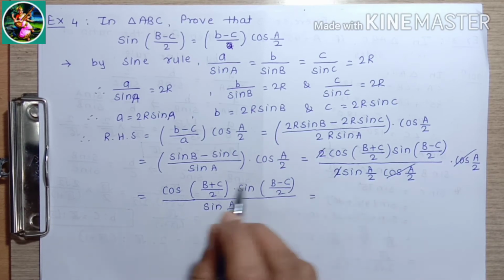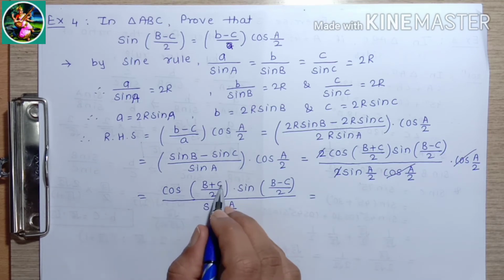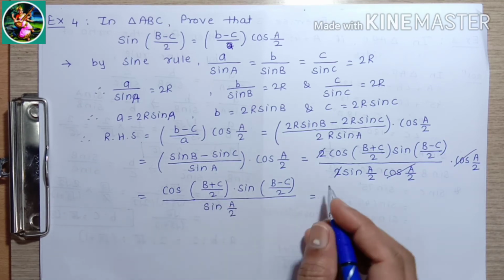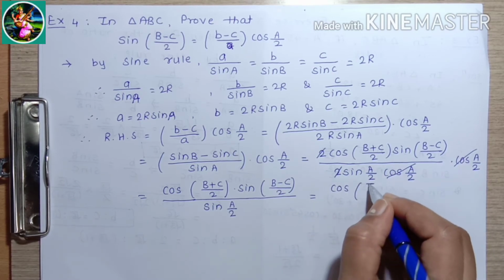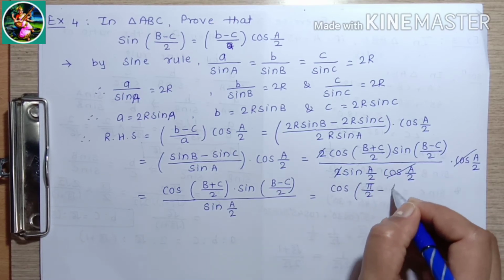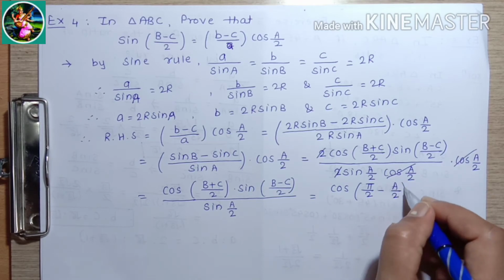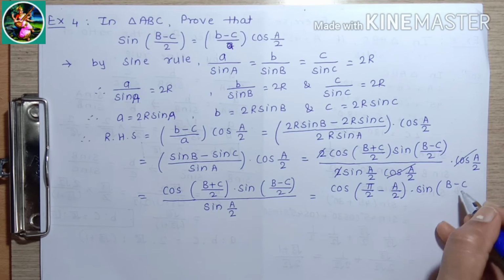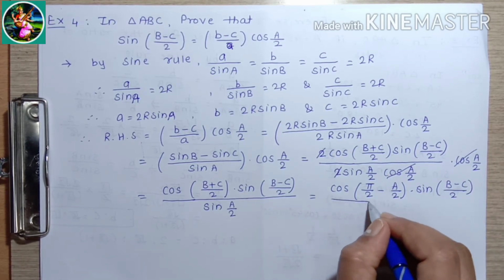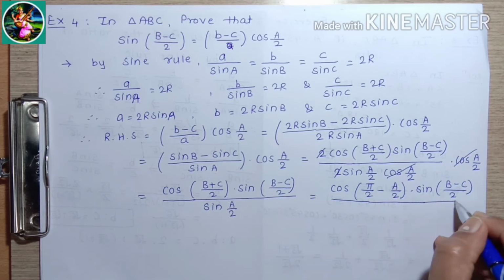Here cos of (B plus C) divided by 2 can be written as cos of (pi by 2 minus A upon 2) into sin of (B minus C) divided by 2. This whole divided by sin of A upon 2 as it is.